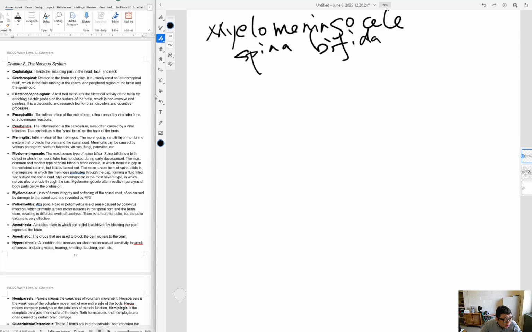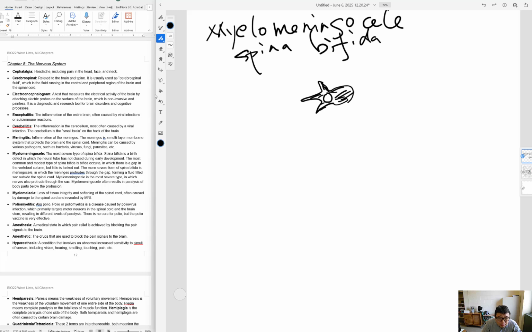So we draw this spinal cord. This is a vertebra.